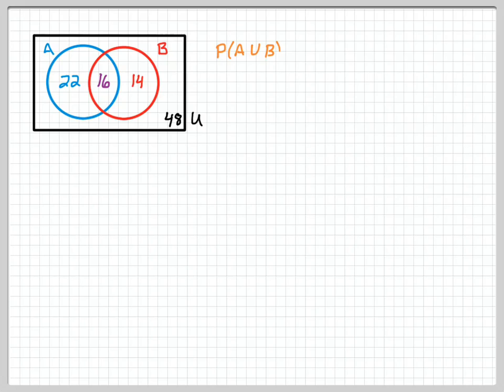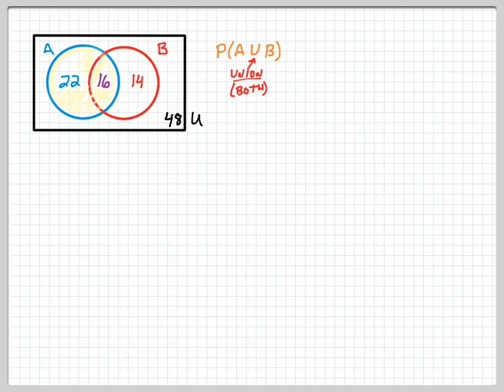What is P of A U B? All right, well now this means union. So this is kind of like saying or. Either one could be true, I guess I should say. That's probably a better way to say it than both. So either one is true.